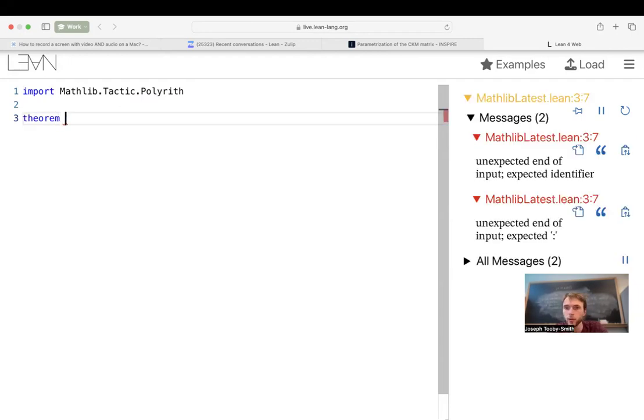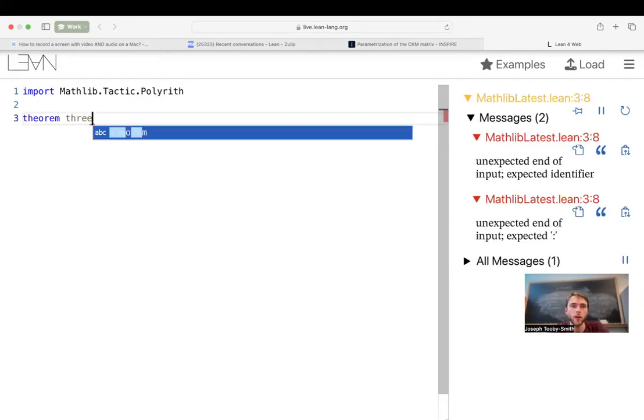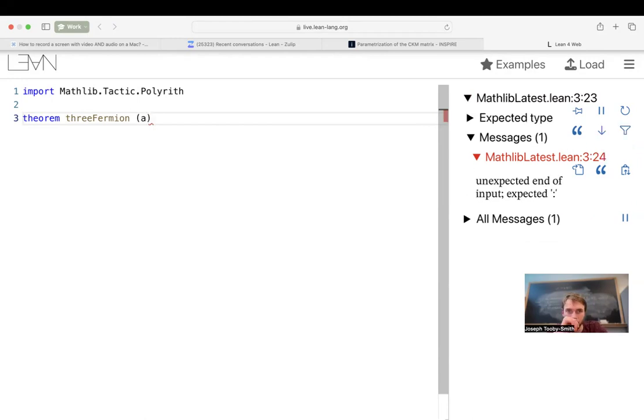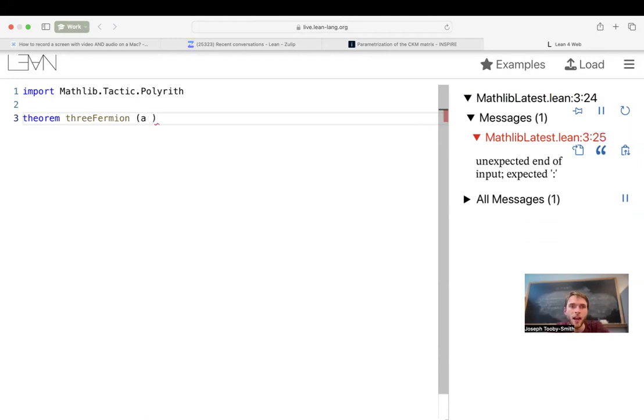So we are going to prove a theorem, and I'm going to call it the free fermion theorem. I'm not sure if that's spelled correctly, but if it's not, hopefully people can forgive me.